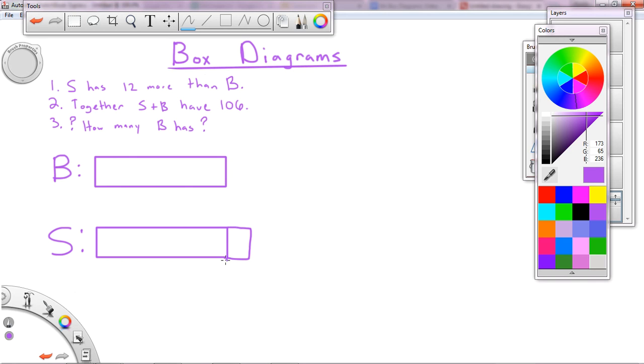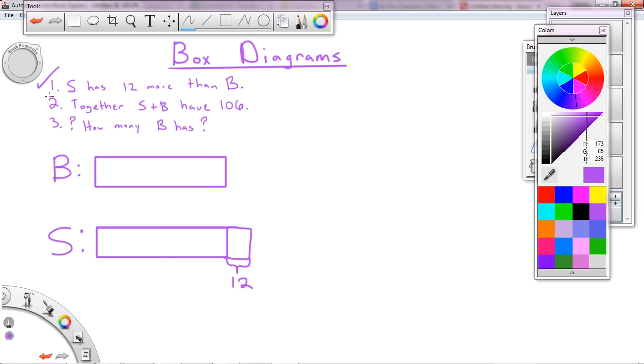How much more does he have? He has 12 more baseballs than Benny. Check that off. We just drew a picture that shows Squints having 12 more baseballs than Benny. These two boxes here are the same size, and Squints has 12 more. So we have our first piece of important information drawn.